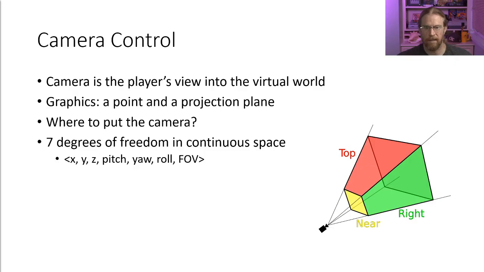In this figure, we have in view the top and the right, but the left and the bottom are hidden underneath. Those four sides coincide with the edges of the array. Then we've got two ends to that pyramidal shape: the far clipping plane and the near clipping plane.